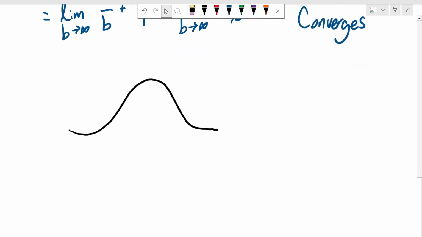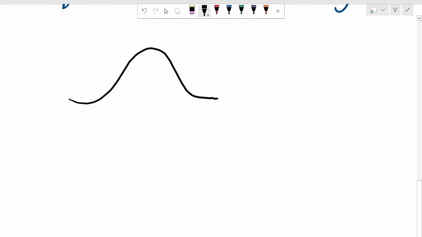So let's look at an example now with both bounds being infinite. So here we're going to look at the integral from negative infinity to infinity of x e to the x dx.